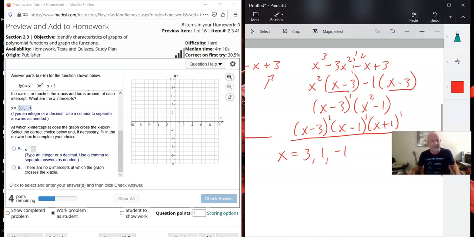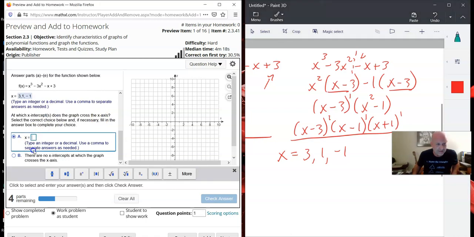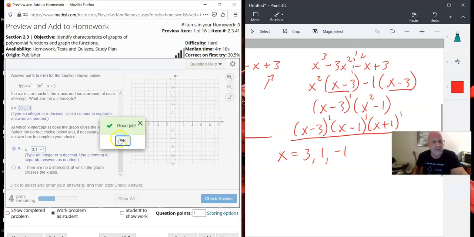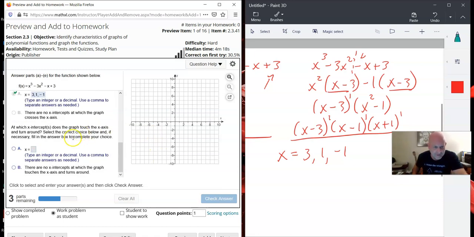So when it's asking which of the roots cross the x-axis, the answer is all of them. So 3, 1, negative 1. Check answer. Boom. I'm pretty good at this.